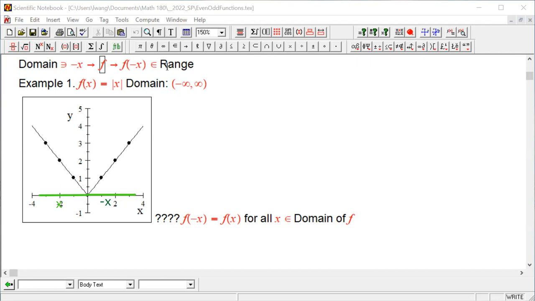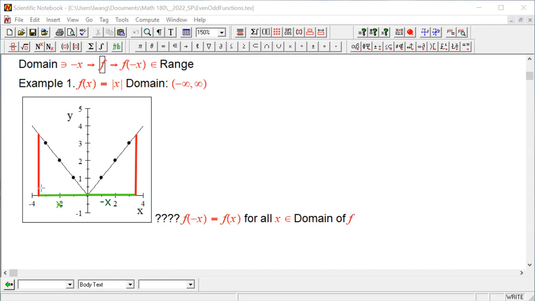Now, what are the outputs? So this is the output for x, and this other one is the output for negative x.